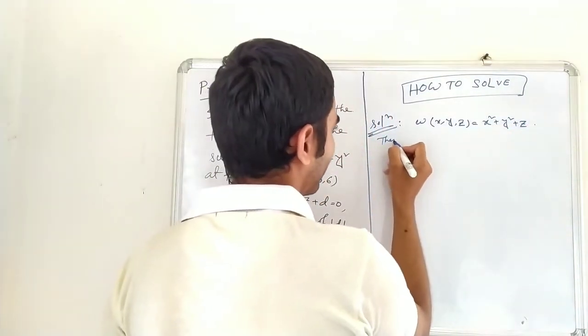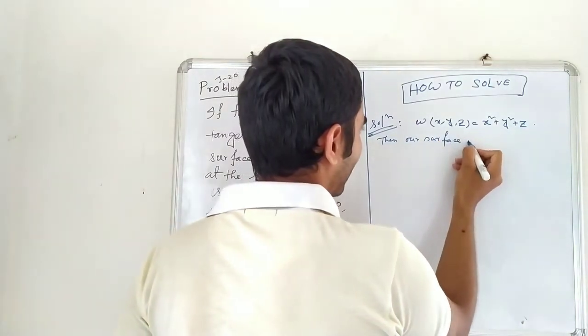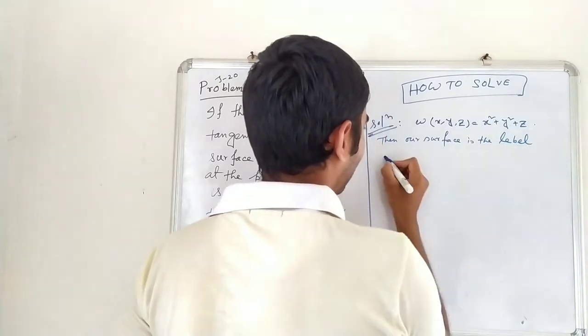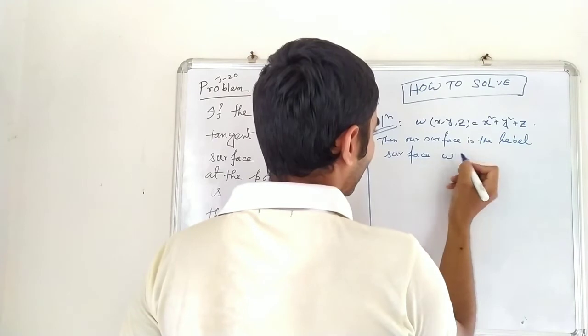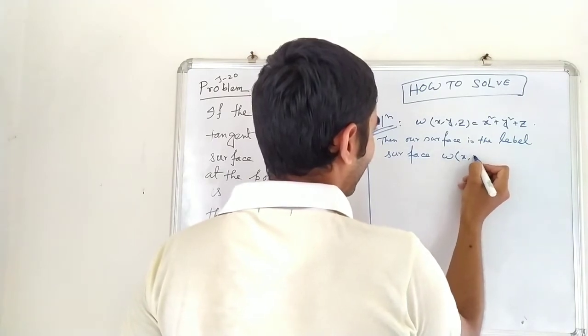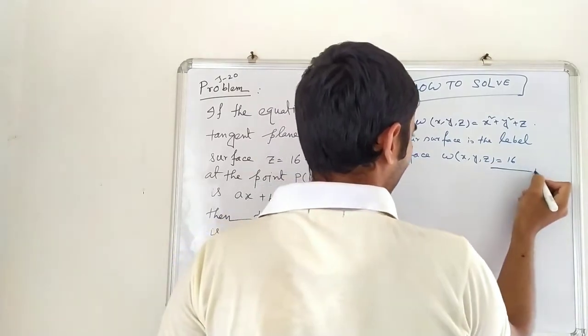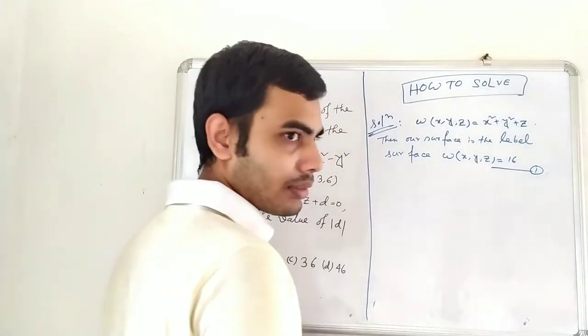Then our surface is the level surface w of x, y, z equal to 16. This is equation 1, the equation of the surface.